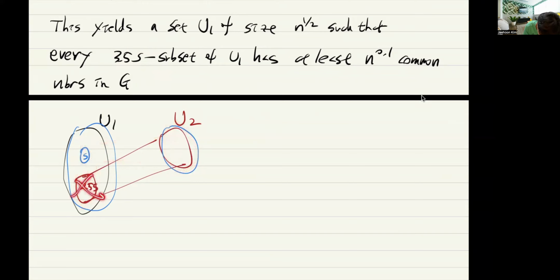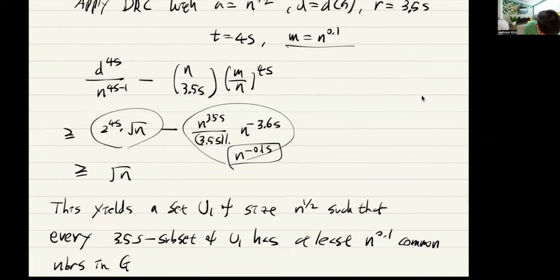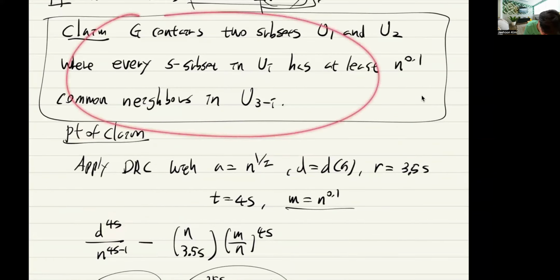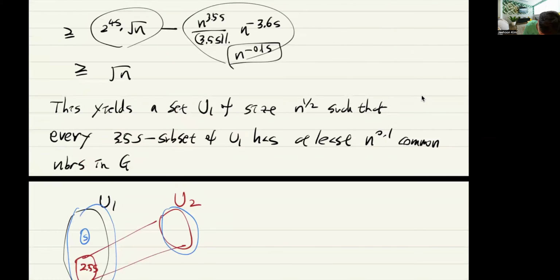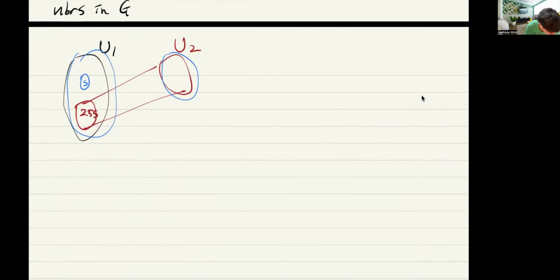If you forget this, then these s vertices have a large common neighborhood in U2 as we desire. So that's our plan, and that's why we have chosen this large number instead of s.